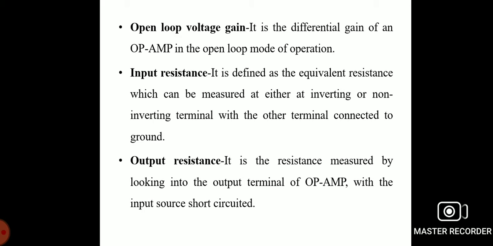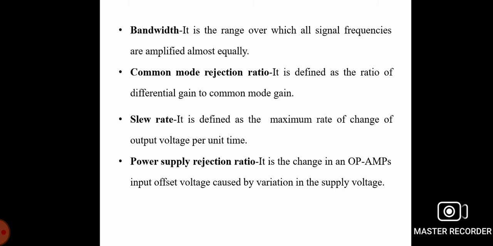What is the output resistance of the op-amp? It is the resistance measured by looking into the output terminal of the op-amp with the input source short circuited. And the bandwidth of the operational amplifier is the range over which all the signal frequencies are amplified almost equally.